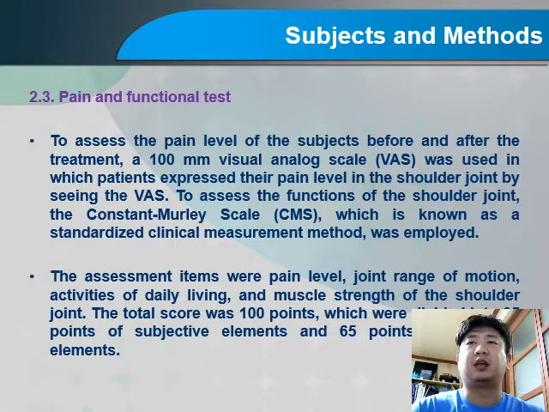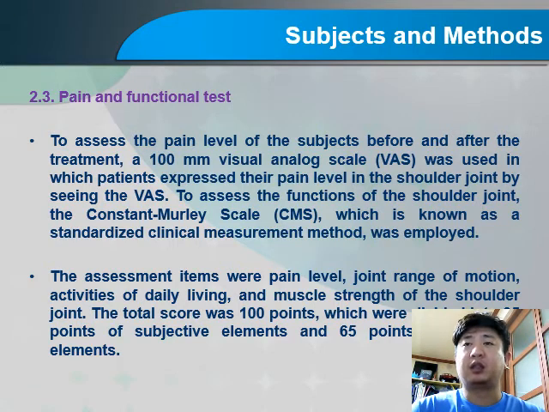To assess the function of the shoulder joint, the Constant-Murley scale (CMS), which is known as a standardized clinical measurement method, was employed. The assessment items were pain level, joint range of motion, activities of daily living, and muscle strength of the shoulder joint.